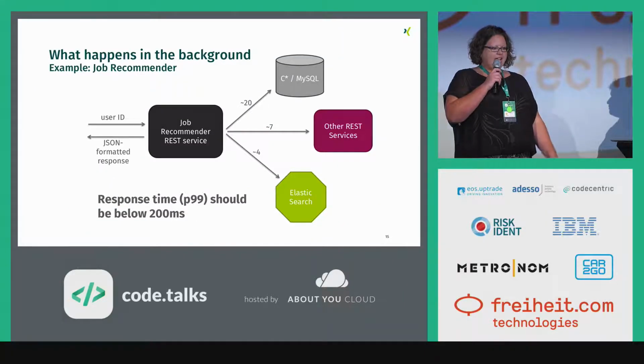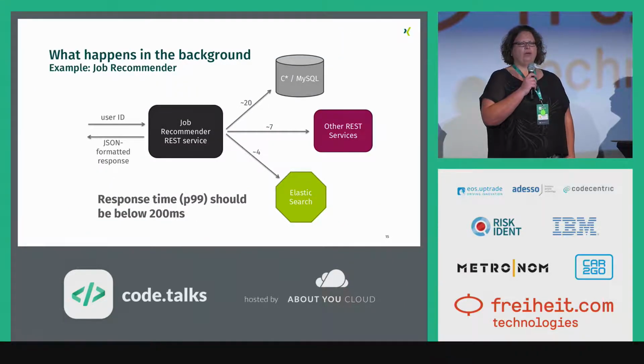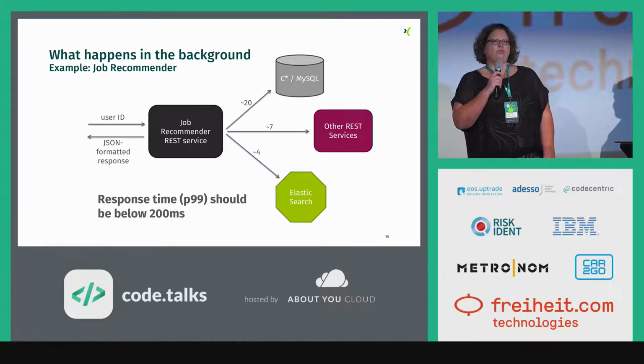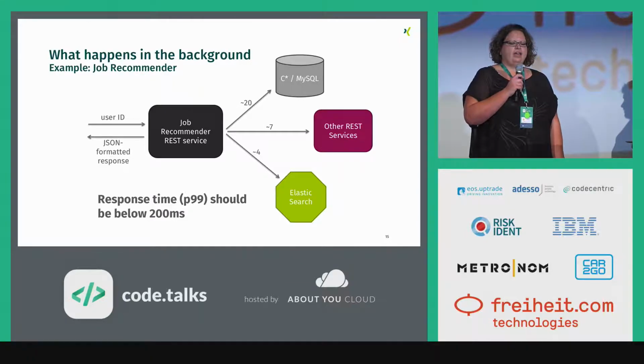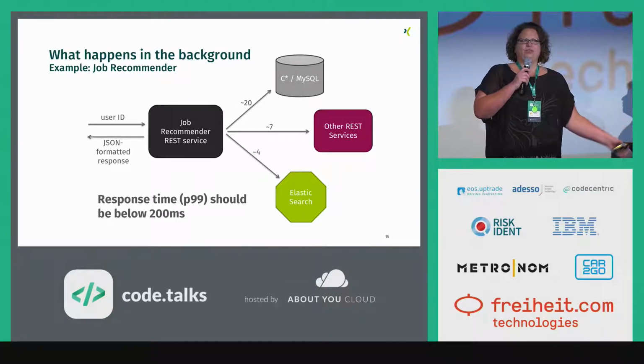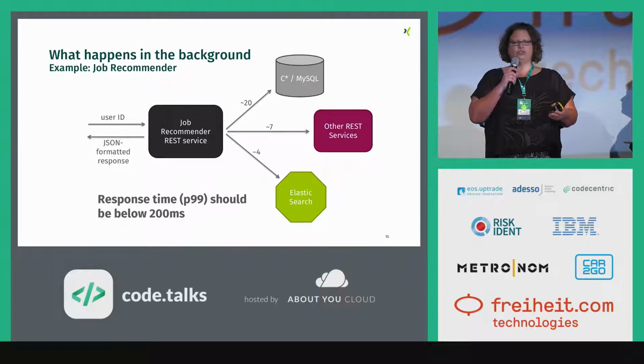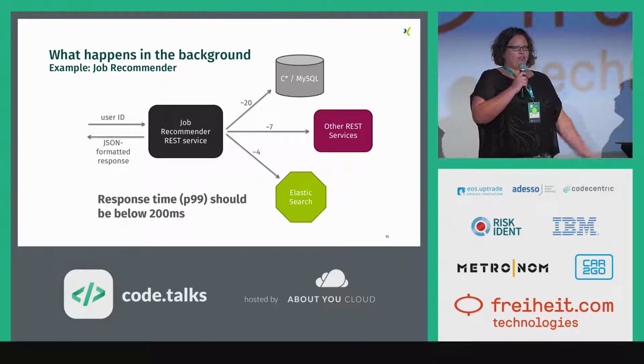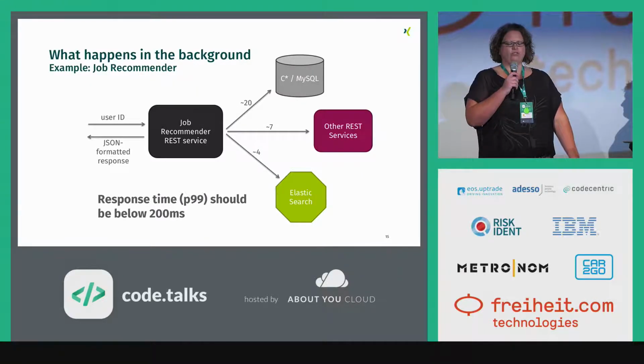So what happens in the background when we want to create a job recommendation? First of all, we provide a REST endpoint, and whenever we want to create or show the user a recommendation, the REST service is called with the ID of the user. And then in the back end, we have to gather a lot of information and do a lot of computation.